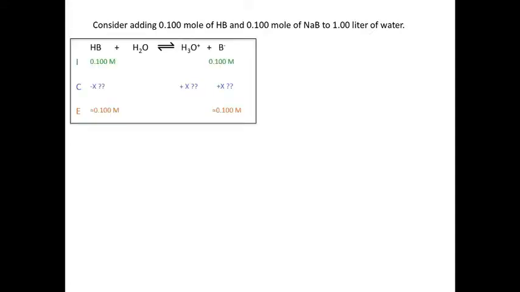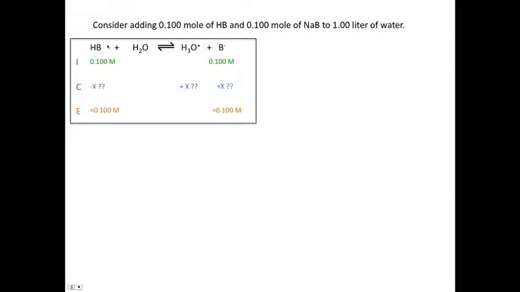So perhaps they might step forward to agree, here's the behavior equation for the weak acid HB. And this is slightly different than the original situation because now you can see on my ICE chart I have a starting amount of both HB and B minus.